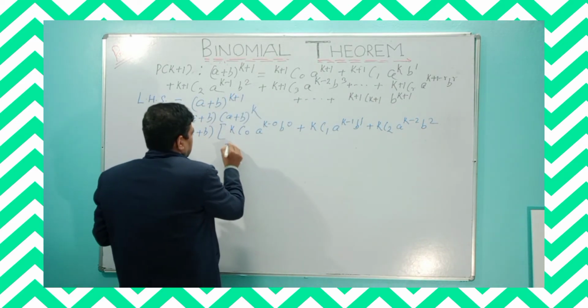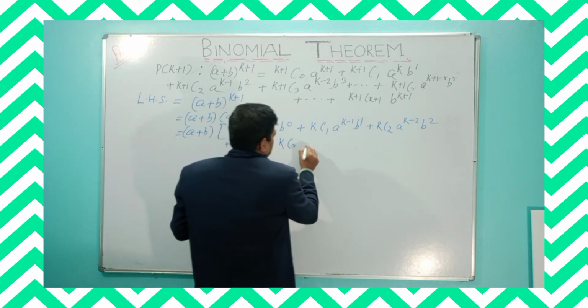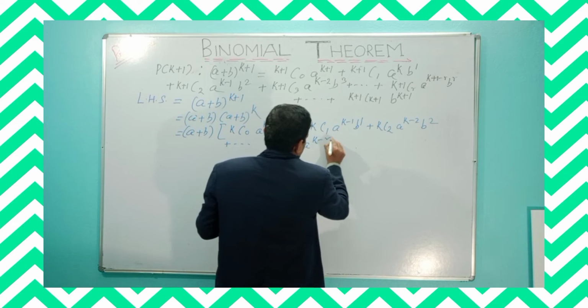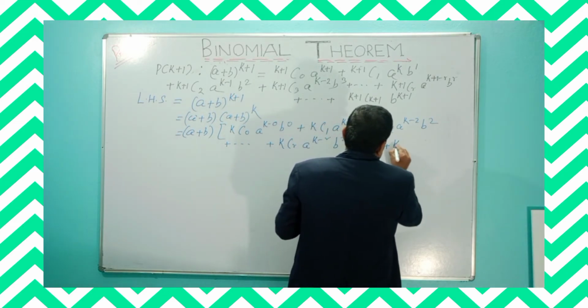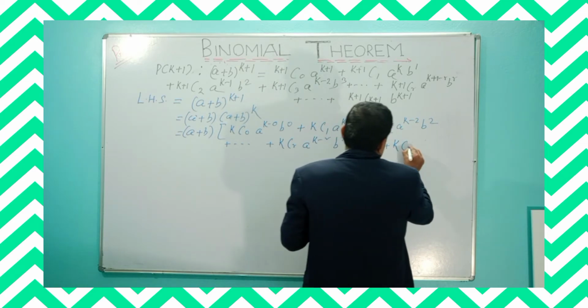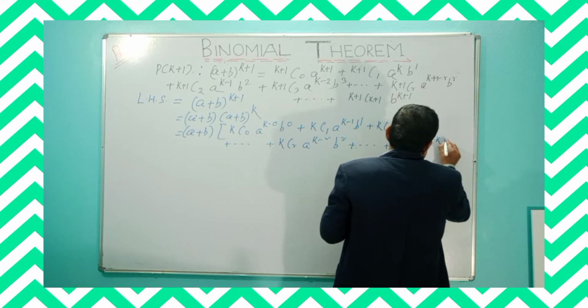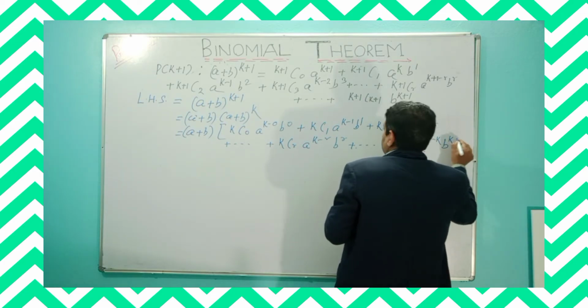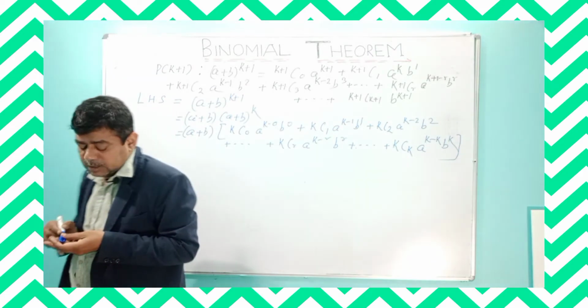Plus in a similar manner kCr, a to the power k minus r, b to the power r, up to kCk, a to the power k minus k, b to the power k. Understand? Is it clear?